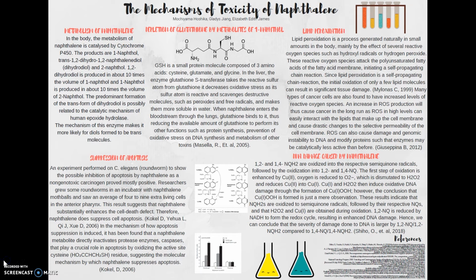These results hence indicate that NQH2s are oxidized into semiquinone radicals, followed by their respective NQs, and that H2O2 and copper-1 ions are obtained during oxidation. 1,2-NQ is reduced by NADH to form the redox cycle, resulting in enhanced DNA damage. Therefore, this shows that the extent of damage done to DNA by 1,2-NQ or 1,2-NQH2 is larger than that done by 1,4-NQ or 1,4-NQH2.